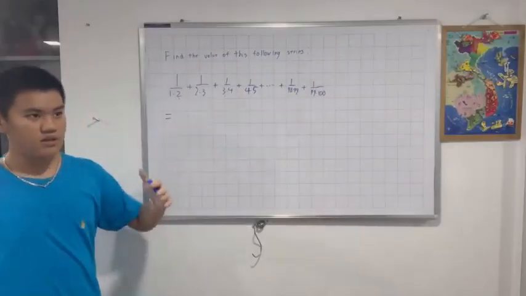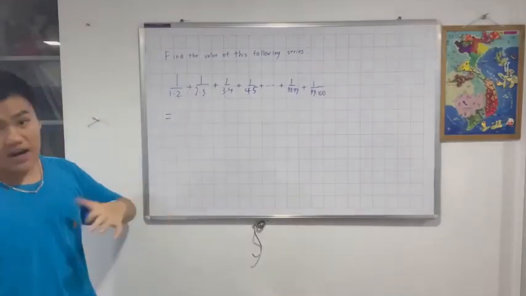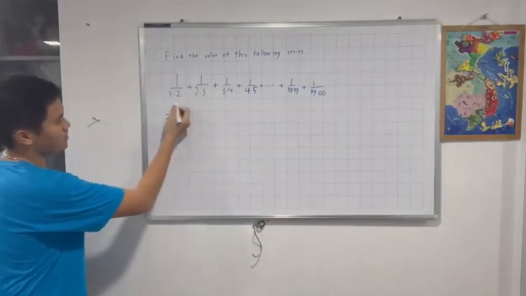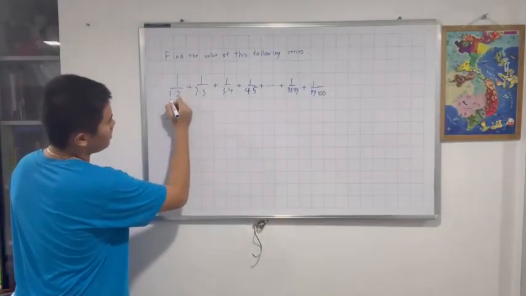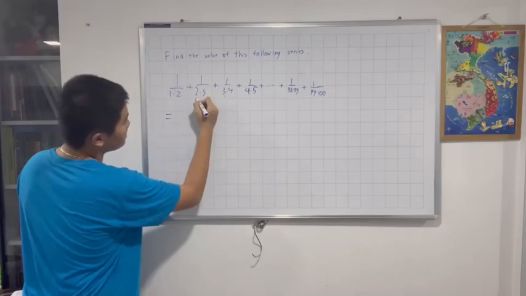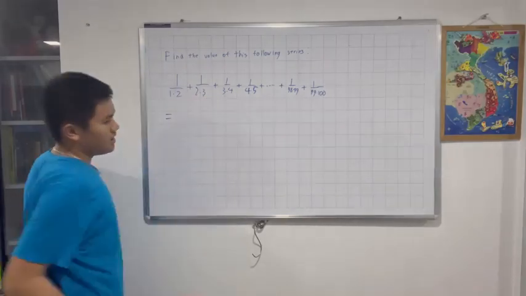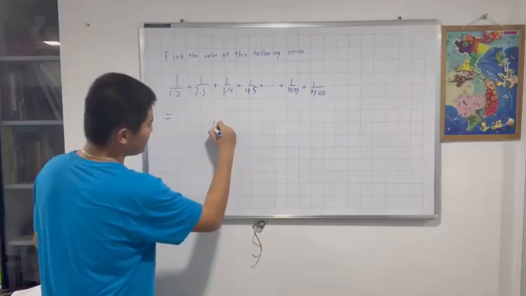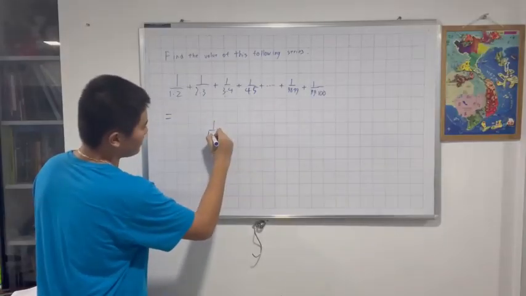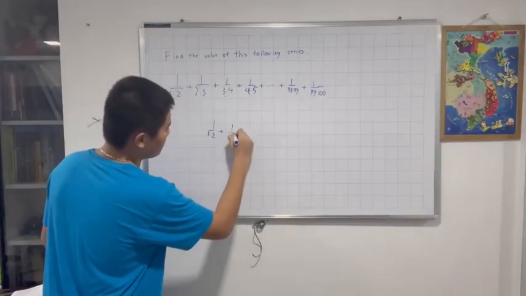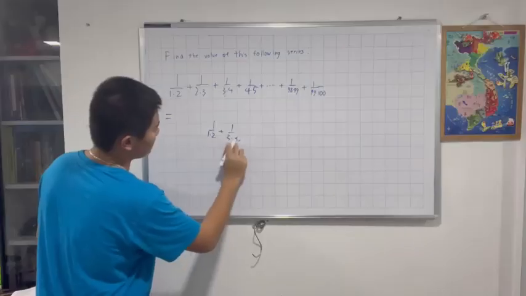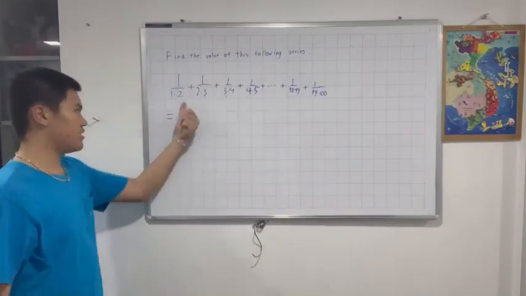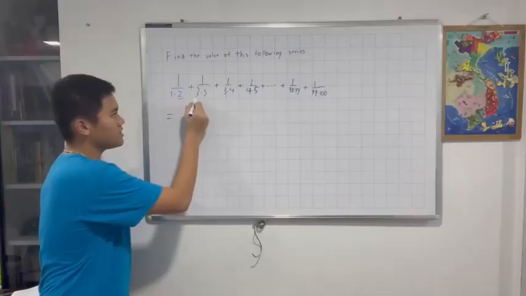So first, when you look at this long sequence, you've got to find a pattern, right? Now you look at this: 1 over 1 times 2, 1 over 2 times 3, 1 over 3 times 4. Now, unlike most series with consecutive numbers like 1, 2, 3, 4, this series has some terms that appear twice.